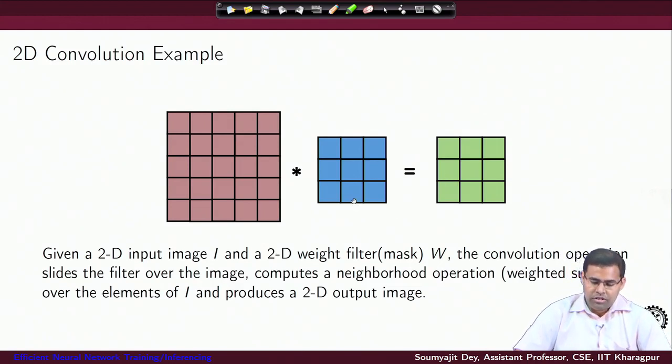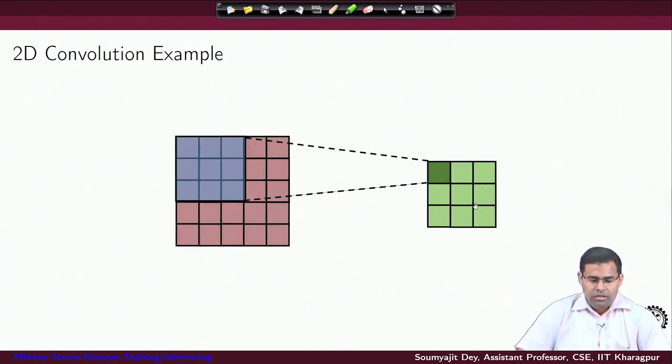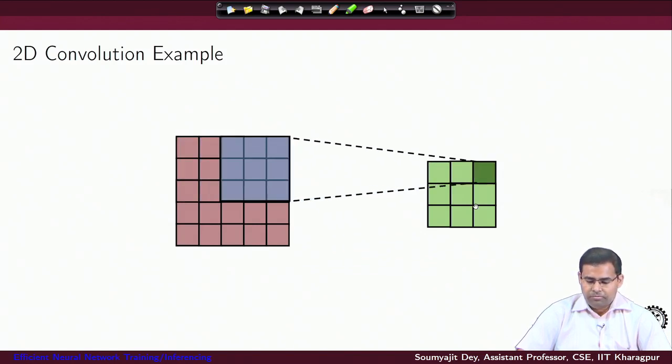So, how does it really work? For example, if we take this 5 cross 5 image getting convolved with a 3 cross 3 mask, essentially this mask is going to slide over the possible locations on this image and compute an output 2D image like this. Okay. So, let us try and understand how this is going to work.